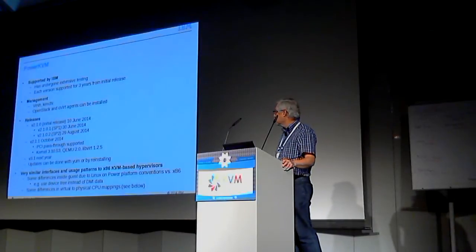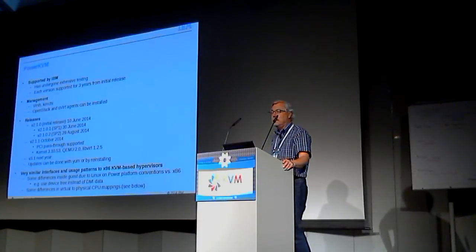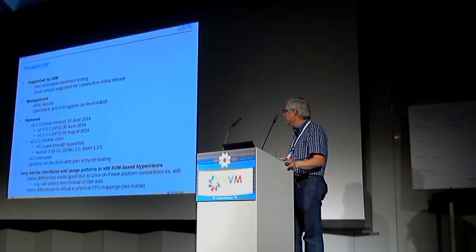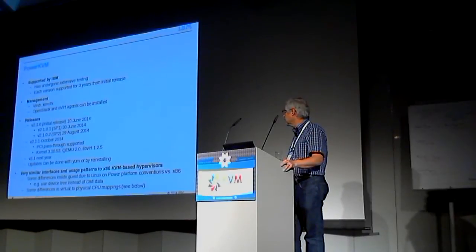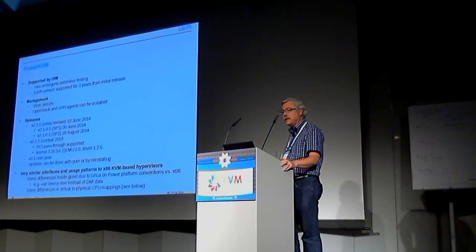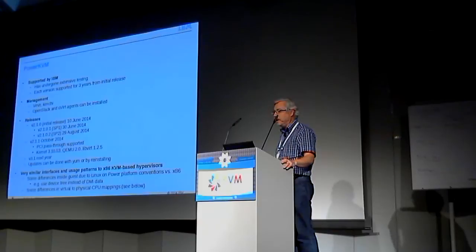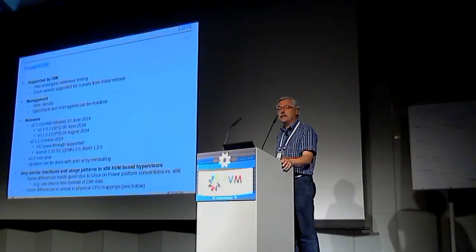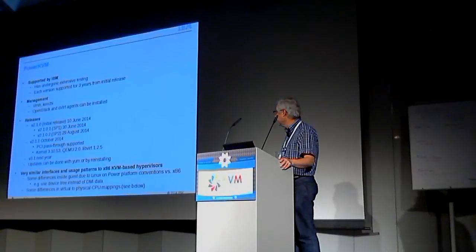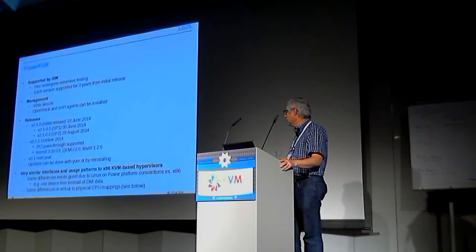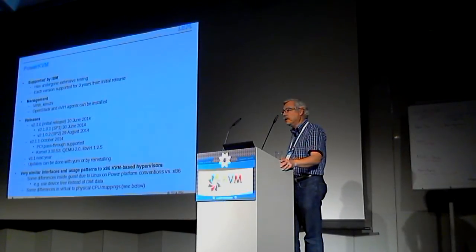And of course, the attraction of using KVM is that you get very similar usage patterns and interfaces to what you get on an x86 machine, and so that makes it much easier to interoperate in an environment where you already have x86 KVM machines. There are some differences, of course, inside the guest.